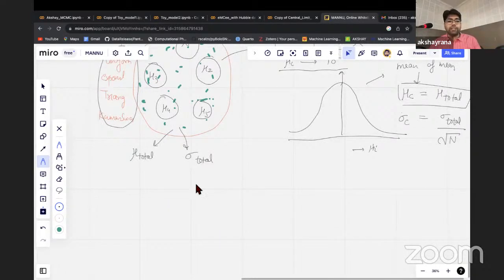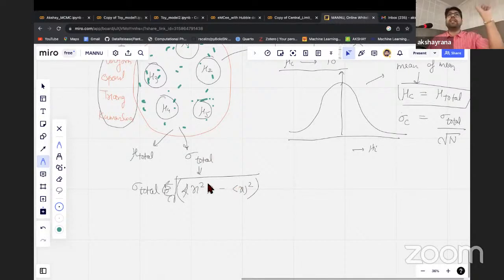You will calculate the expectation value, or mean value, of x square minus the mean squared. Sigma total is going to be the root mean square of these numbers minus the mean, squared, using this formula to calculate. This way you will be calculating the error for any distribution.